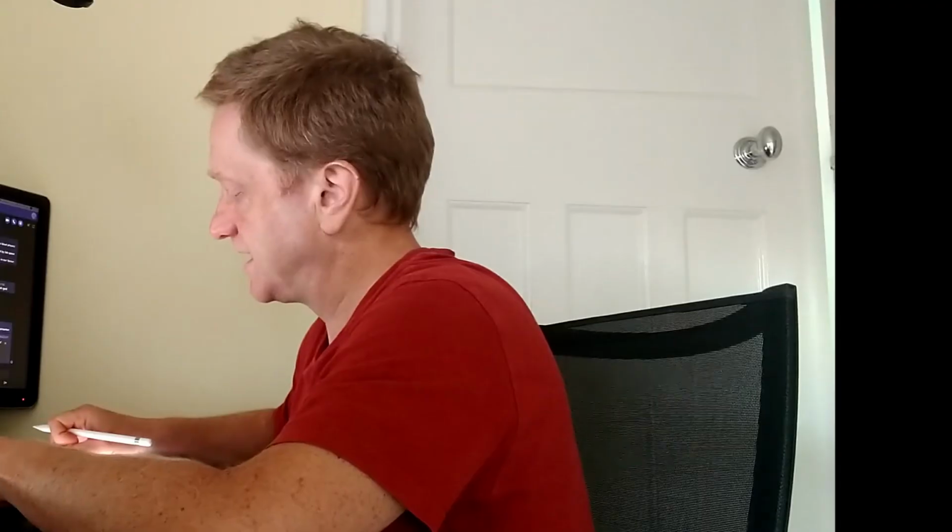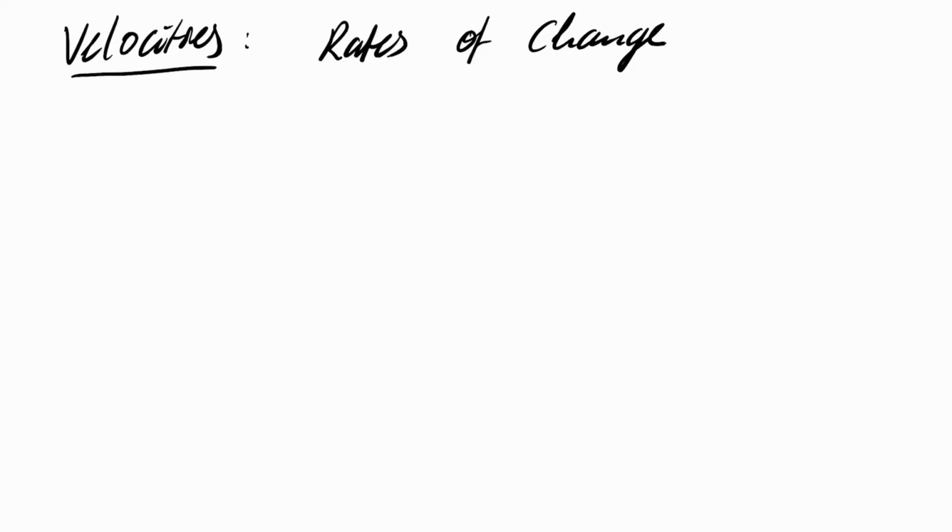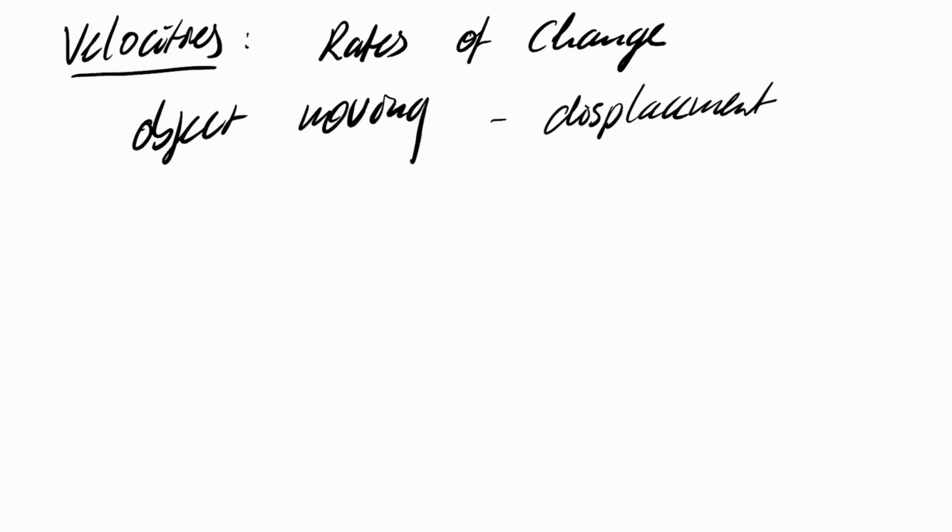Let's have another motivational example for how we might come across a derivative. Instead of looking at curves, let's consider velocities. If we consider velocities, we're considering rates of change of objects. So for example, if an object is moving, its displacement over time is changing, and the change in that displacement over time is the velocity. So let's write the displacement as x, and this is a function of time.